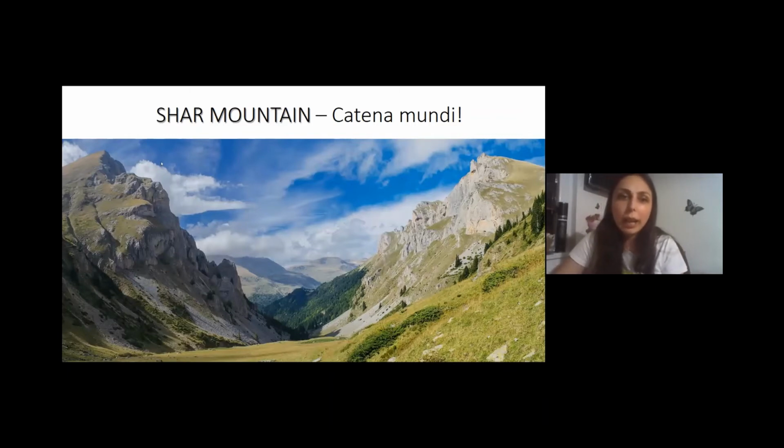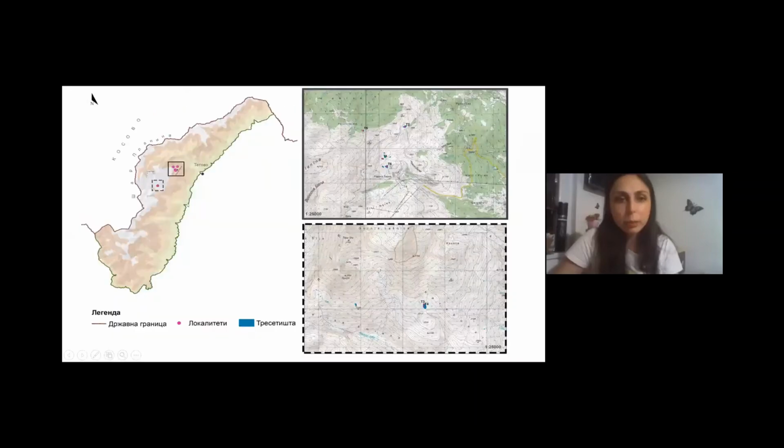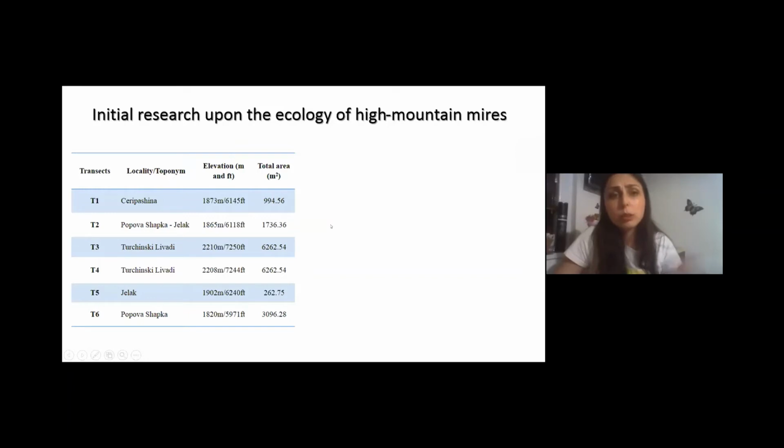So I picked a few sampling plots on the mountain. Even though its geology is very complex, here in the central part it is mainly limestone, which is especially important for some plant species.